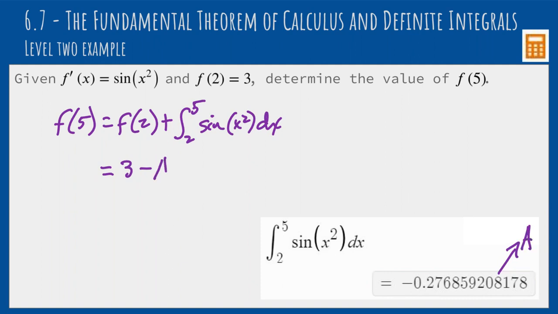So I'm just going to call that a. 3 minus a, which accurate to 3 decimal places is going to be 2.7231 and so on, but accurate to 3 decimal places would be that. So in your calculator, if you store that value for a, you can just type in 3 minus a, and it's going to give you your answer.